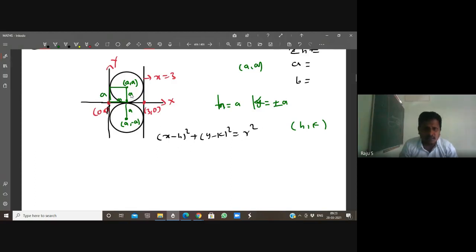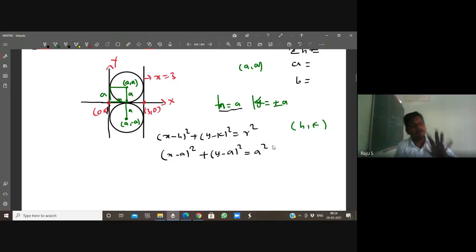So the radius will be a, and the center's x coordinate is the same, nothing but the h value is the same: (x minus a) the whole square plus (y minus a) the whole square is equal to a square. Am I right? Yes, students, is it clear? Yes. And you can take even plus or minus also. At a time we can take both, no problem. Both the circles, y value alone is plus or minus a.